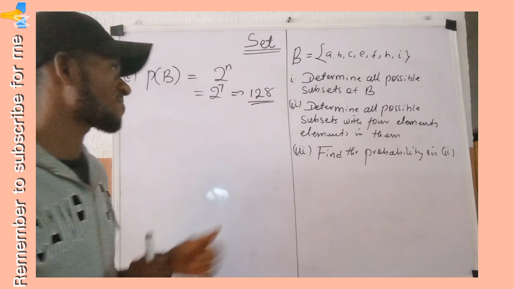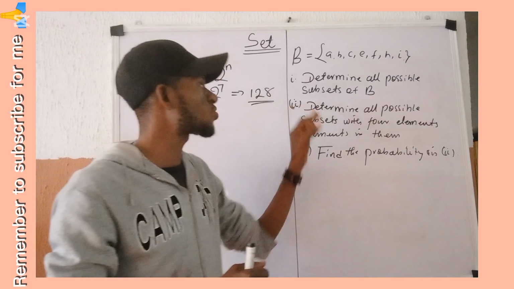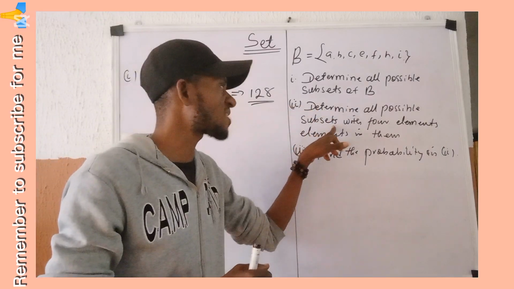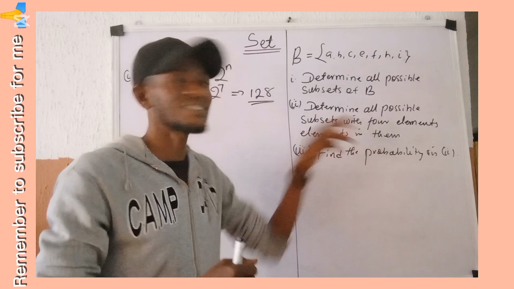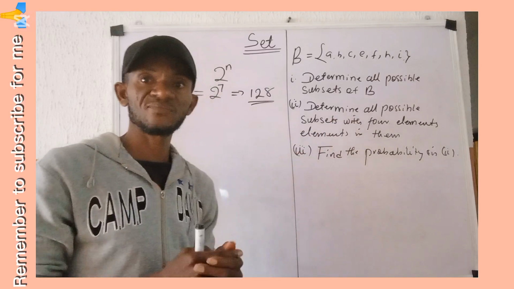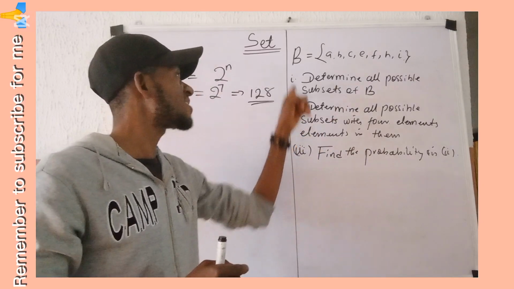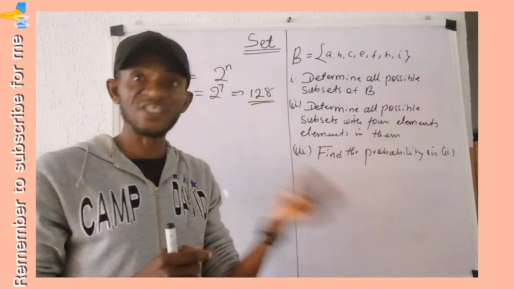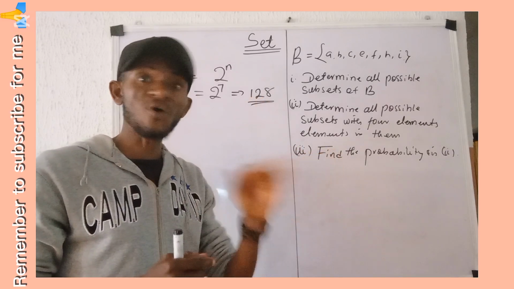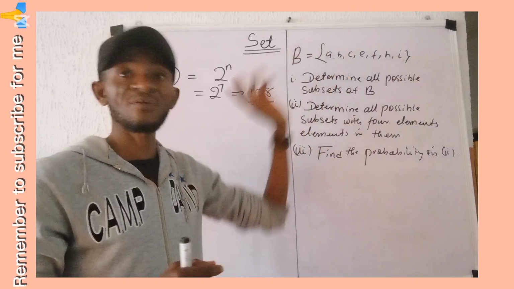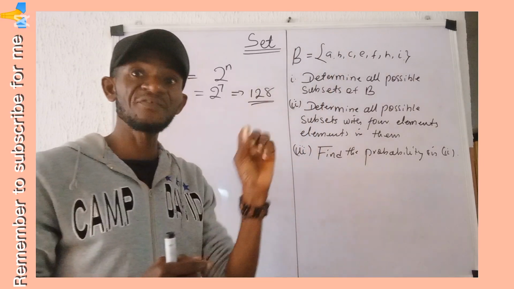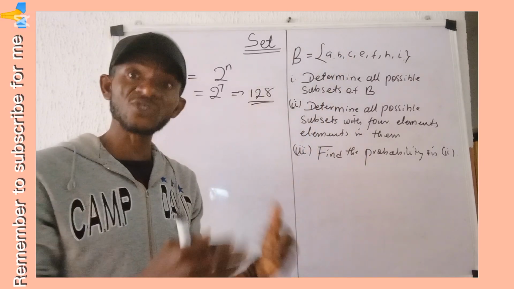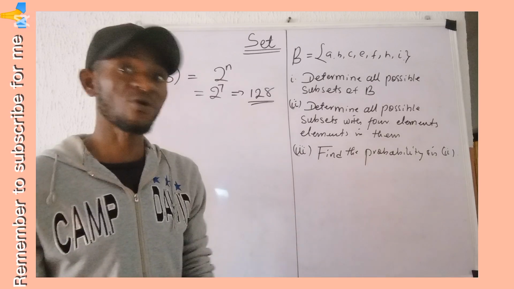Then B says we should determine all possible subsets with 4 elements in them. This question II is different from I. In I, what was required of us is just to determine all possible subsets that can be formed from this set B, without giving us a condition that those subsets must contain a particular number of elements.